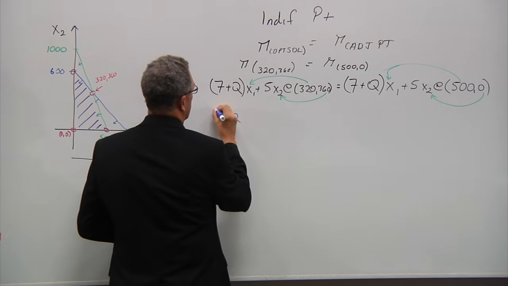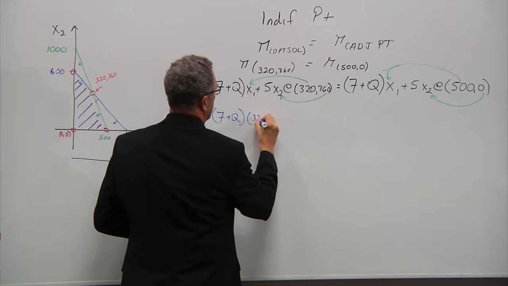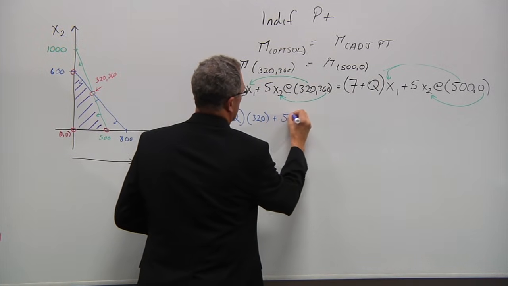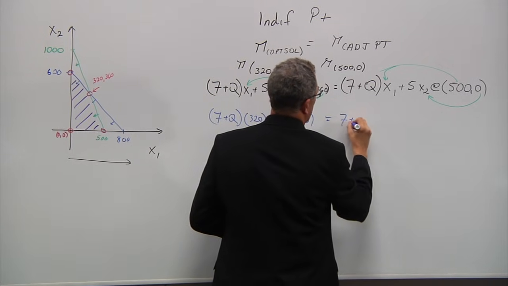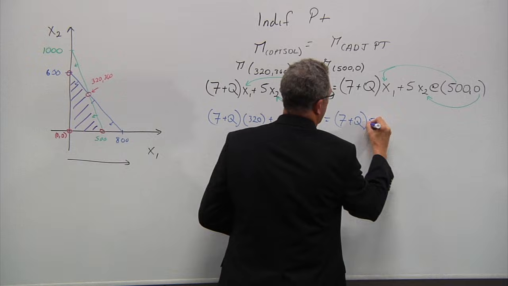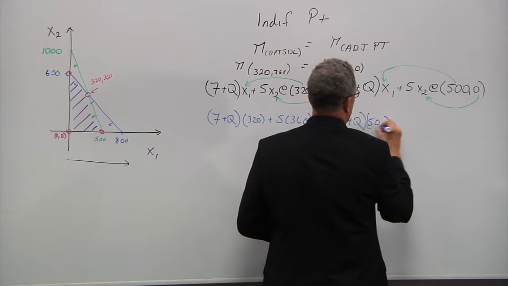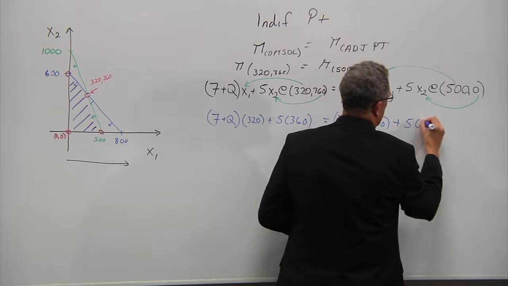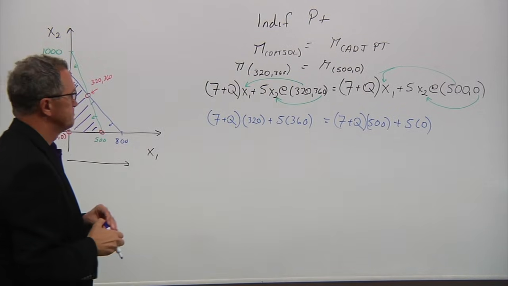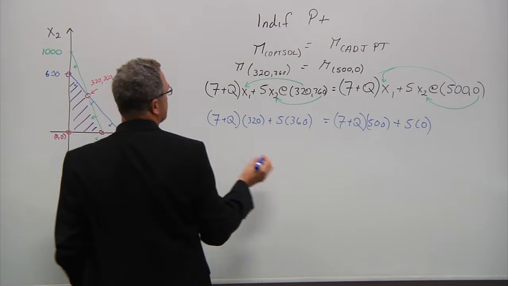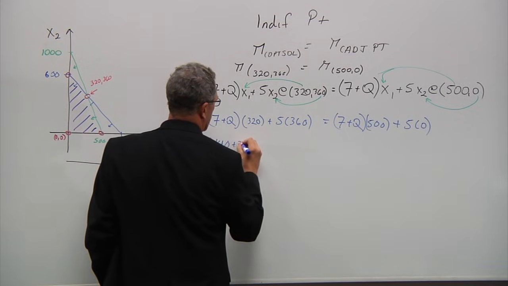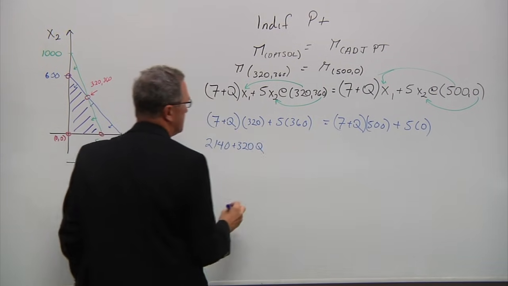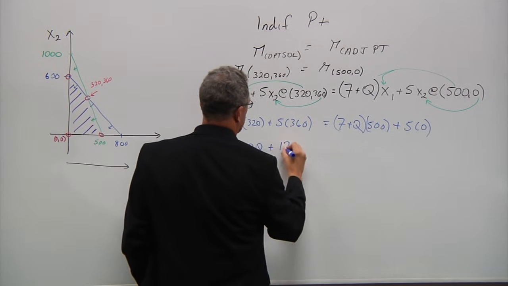7 plus Q times 320 plus 5 times 360 is going to equal 7 plus Q times that 500 tables plus $5 times no chairs. Go through and do the math here. We end up with 2240 plus 320Q plus 1800.